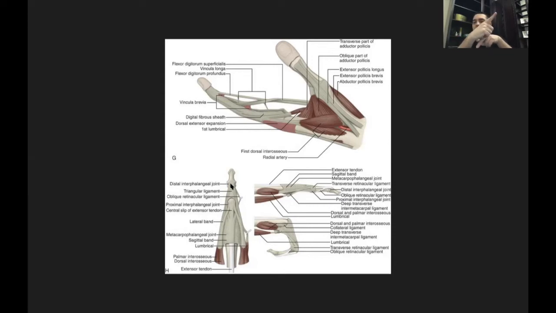So, in pathology, when we have a rupture of the distal insertion of the extensor apparatus at the level of the distal phalanx, we see this aspect of the digit with the distal phalanx dropped down because of the rupture here, and this is the aspect of the mallet finger. Okay.